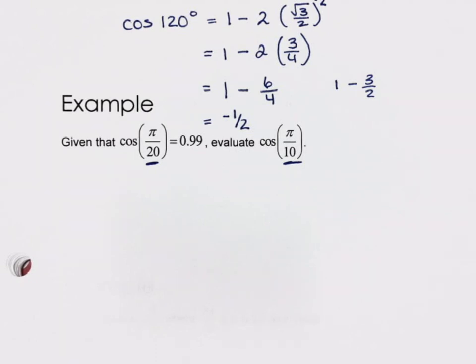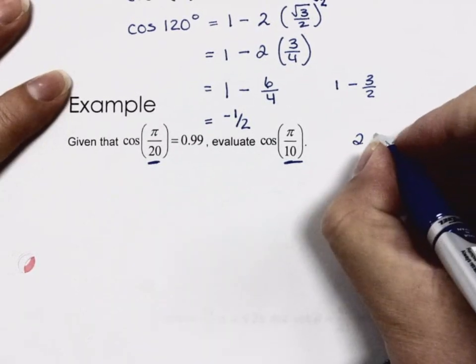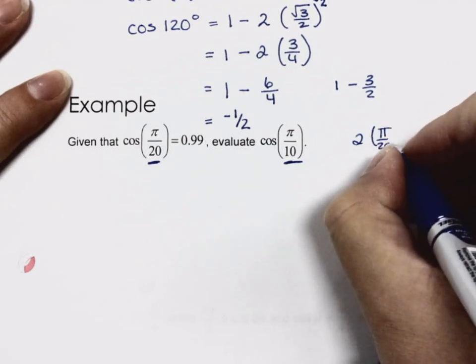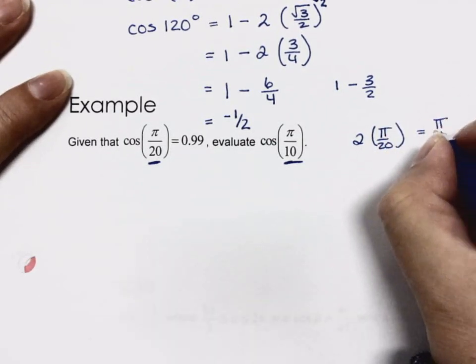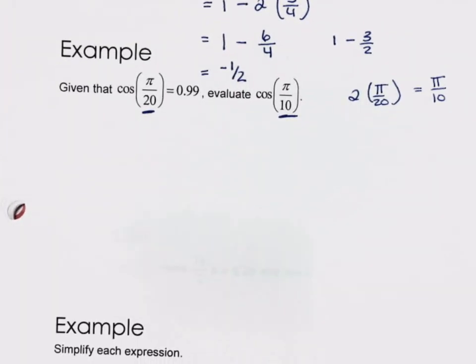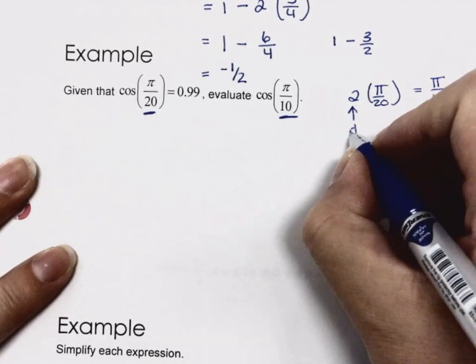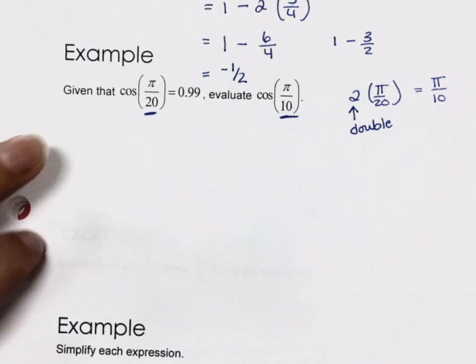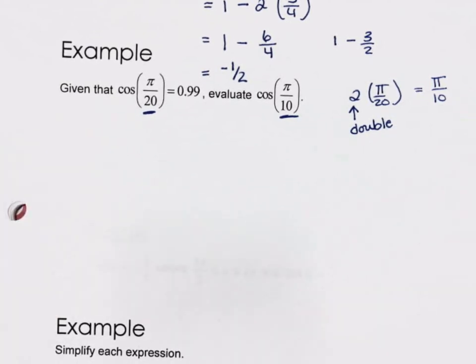So we know that 2 times pi over 20 is equal to pi over 10. As soon as you see the word double, or as soon as you times by 2, I'm just writing the word double there because we never say double in math. We say times by 2, or by a factor of 2, like increase by a factor of 2. If I'm doubling it, then I'm going to go to a double angle identity.